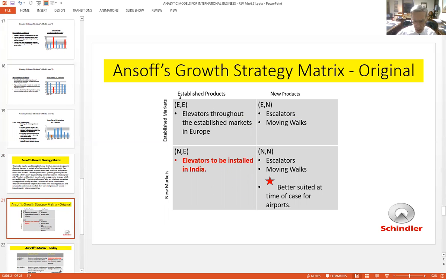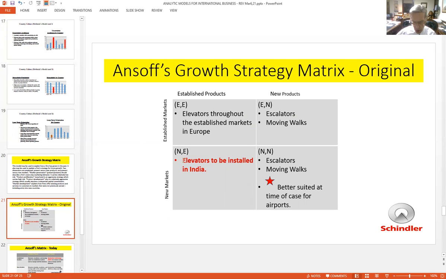So we look at products, are they established or are they new? Are we going to come up with new products? Are the markets our existing products, or are we thinking about getting into new markets? And of course, this was Schindler's whole worldwide portfolio.